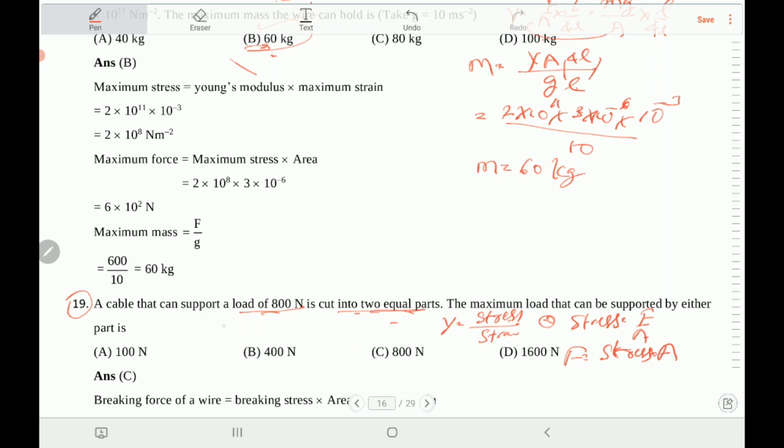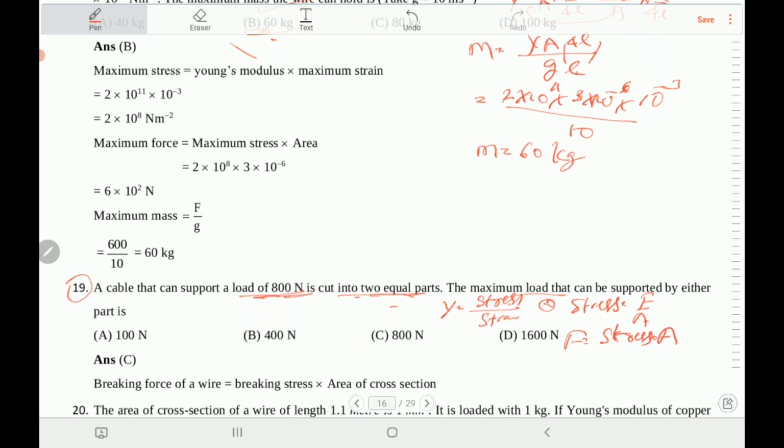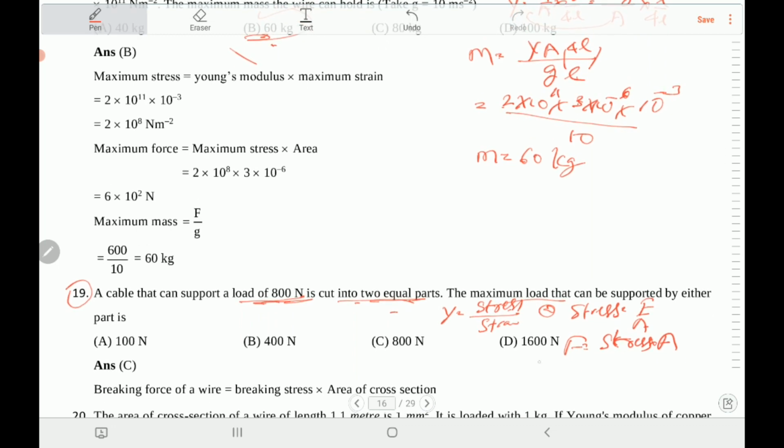He says a cable that supports 800 Newton is cut into 2 parts. What is the maximum load that can be supported by either part? Breaking force is proportional to the area of cross section. Initially the wire was of this length.